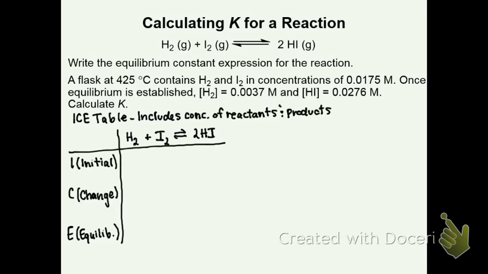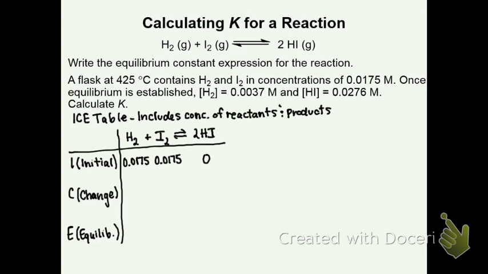And so we want to start by writing in the values that we know. So we're told that initially we have 0.0175 molar of both H2 and I2. And because we're just starting with reactants, that means that our initial concentration of HI is going to be 0. And then we know something about our final conditions.